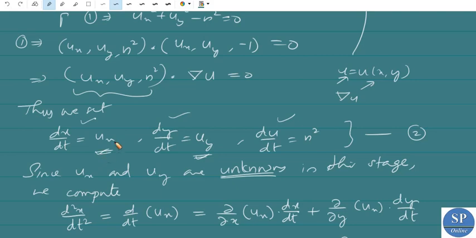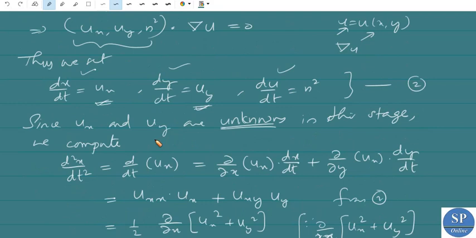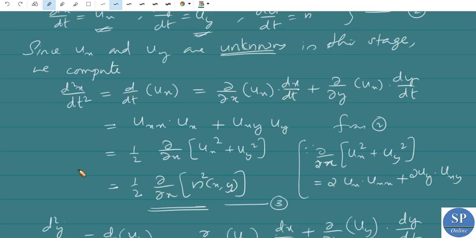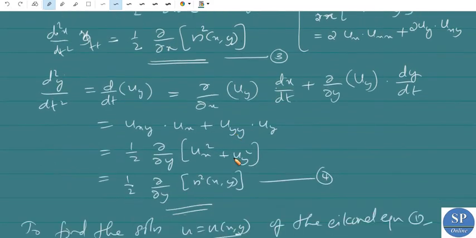So we eliminated these u_x and u_y from these equations by taking the second derivative with respect to t of the characteristic equations. We differentiated again with respect to t to eliminate these first order partial derivatives, and we got d²x/dt² equal to this, and d²y/dt² equal to this.